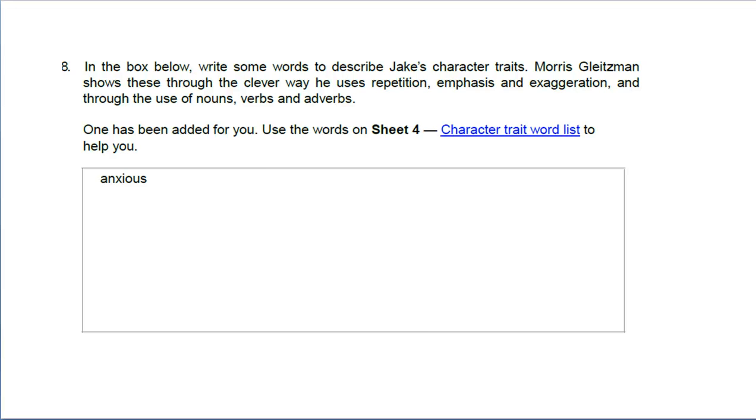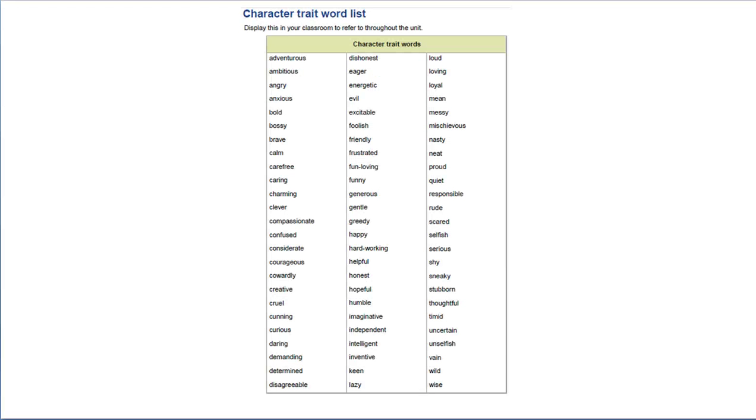If you look at sheet 4, which looks like this, you'll see there are several words listed about different kinds of traits that characters can have. I'd like you to look through that list and pick out maybe 4 minimum that describe the character of Jake. I don't think adventurous is necessarily one, so I wouldn't be choosing that one. I definitely wouldn't be choosing calm.